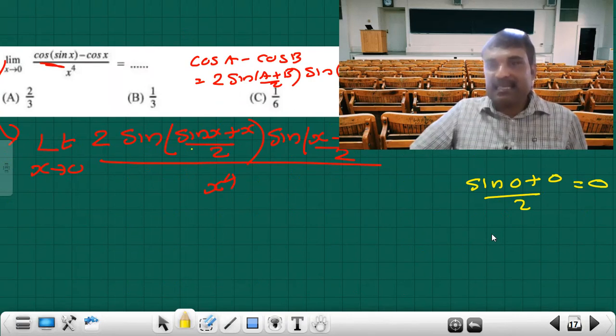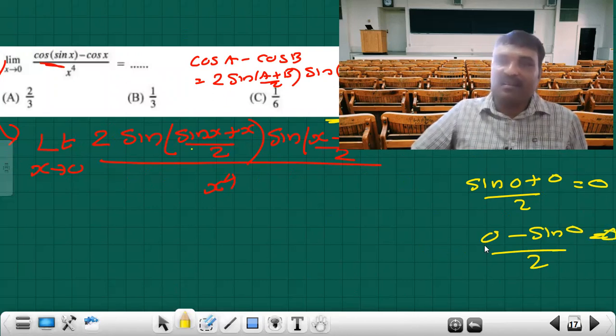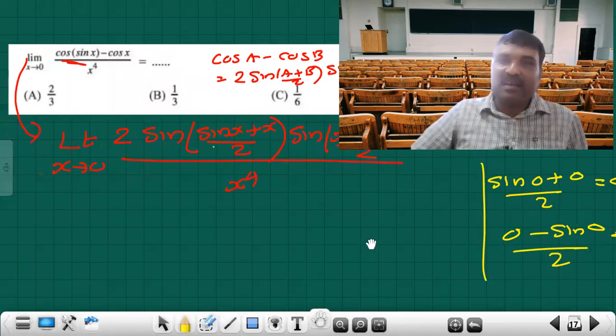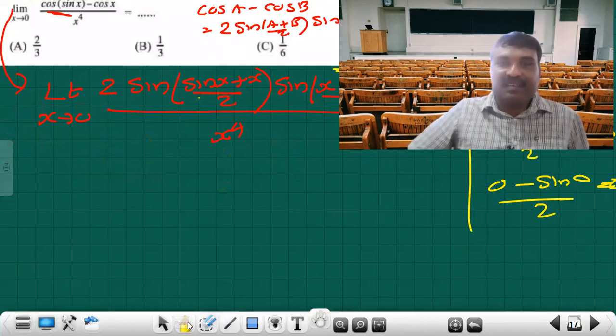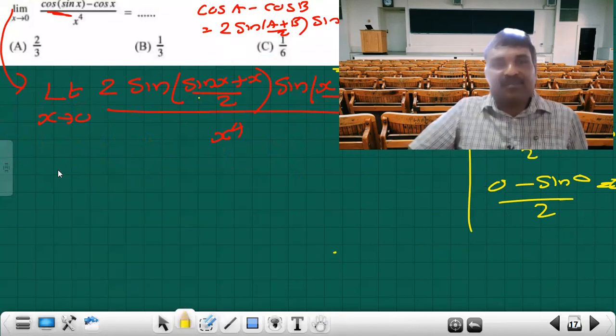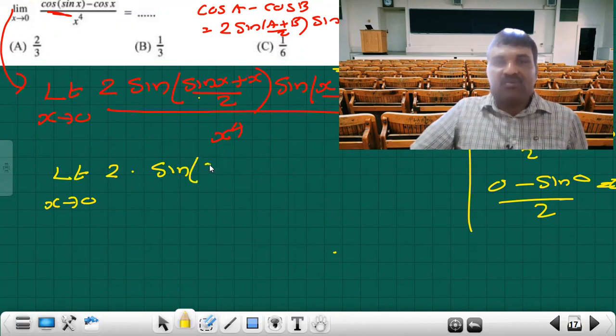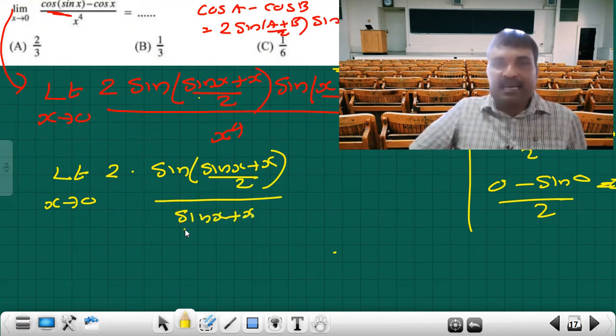Again, (sin x minus x) at 0 also tends towards 0. So we can apply that trick here. Now I am going to write limit x tends to 0 of 2 into sine of (sin x plus x) by 2 divided by (sin x plus x) by 2.